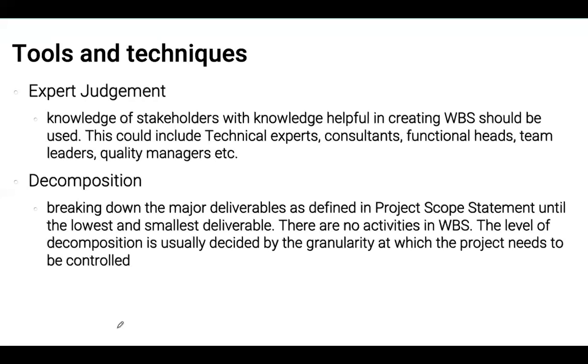If it's something that doesn't need to be controlled as tightly, then you might just have deliverables one level lower than the major deliverables defined in the work breakdown structure, and then the project team would figure out how to carry out activities aimed at delivering those deliverables.